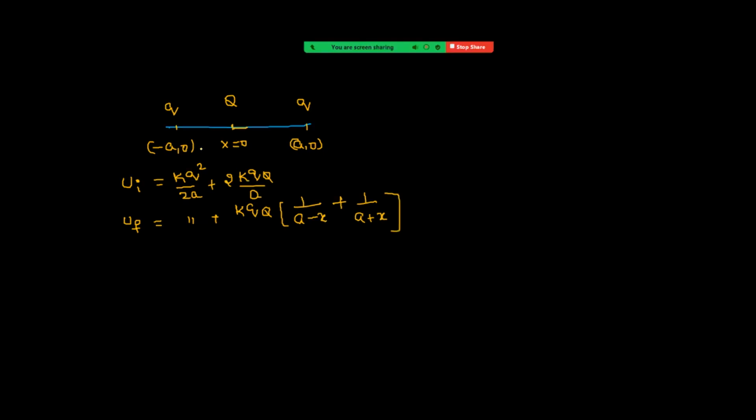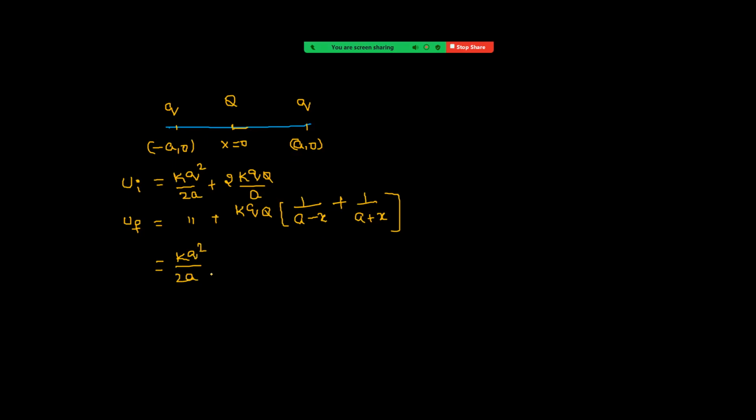Right? See carefully. Between these two charges, separation is a minus x. Between these two, separation is a plus x. Now see this final value, how much? Final value k Q square by 2a.